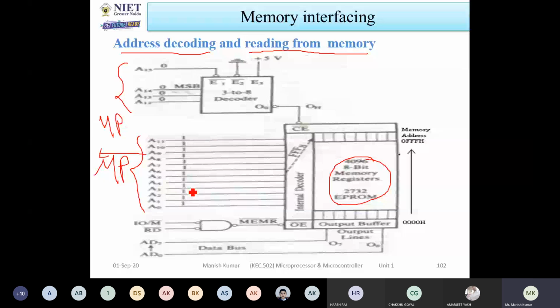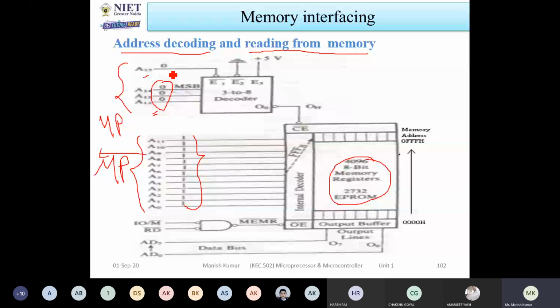Now let us consider I am providing all ones, and I am providing 0 to the A12, A13, A14 pins, and the A15 pin is always 0. I have taken this as an example. E1 bar and E2 bar are both active low signals, but E3 is an active high signal.